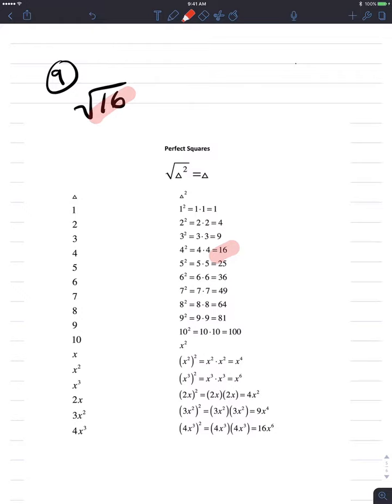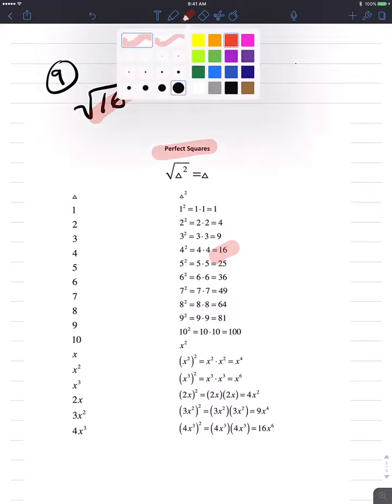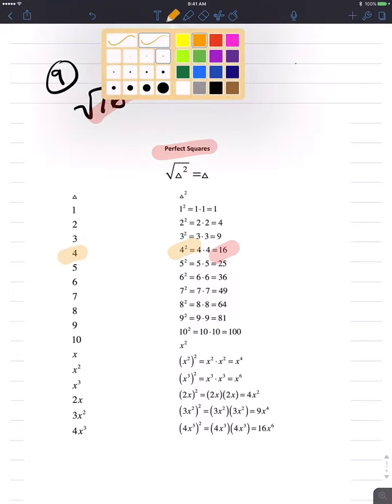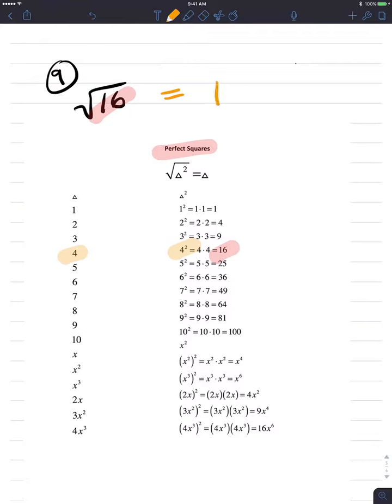It's over here. It's on our list. This is the list of perfect squares. Now the base that was raised to the second power is the value 4. So that the square root of 16 is 4.